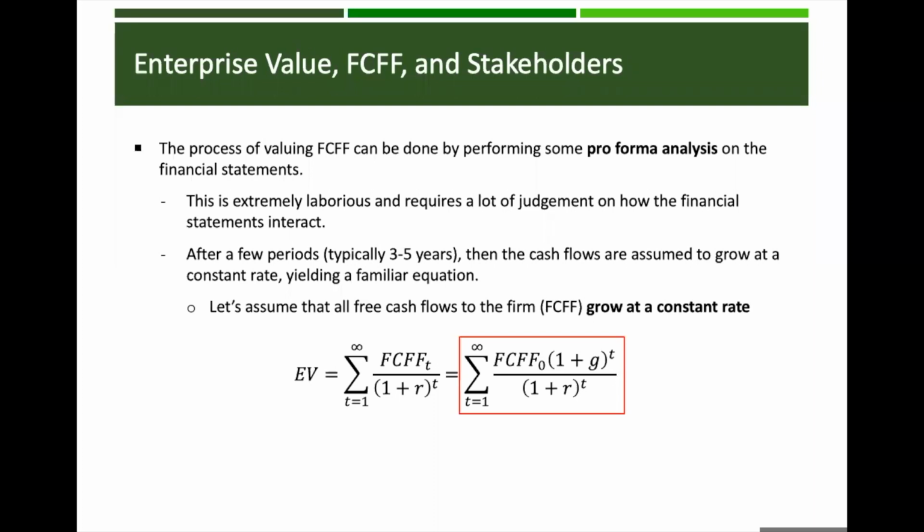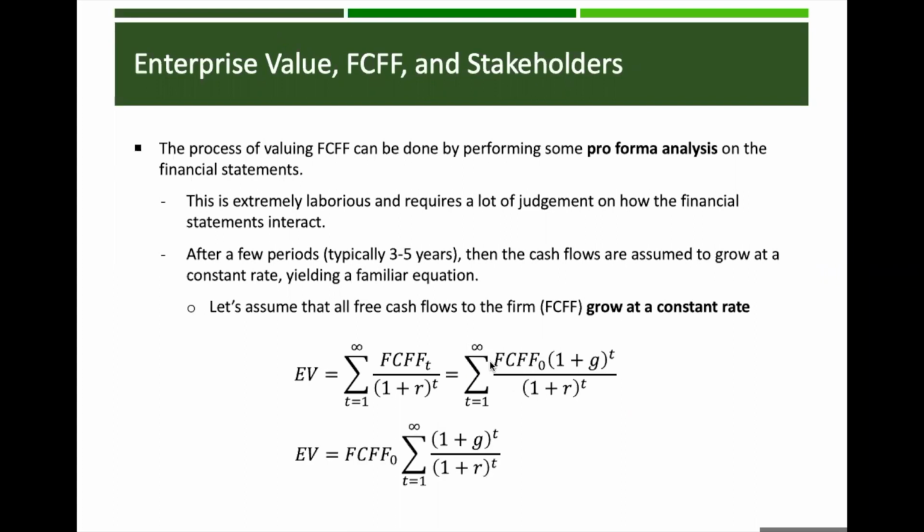Which you would know immediately, oh, that's just going to be FCF at 0 times 1 plus G divided by R or K minus G. This formula comes up a lot.